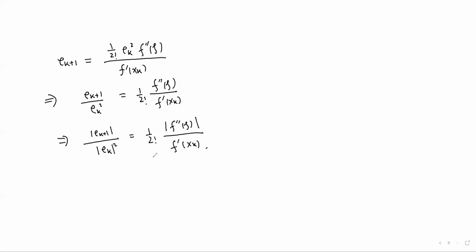Now take the limit as k approaches infinity. Recall that I assume x_k approaches R, and psi, this point, is between x_k and R, so psi also approaches R. Therefore, this whole thing approaches 1/2 |f''(R)/f'(R)|.